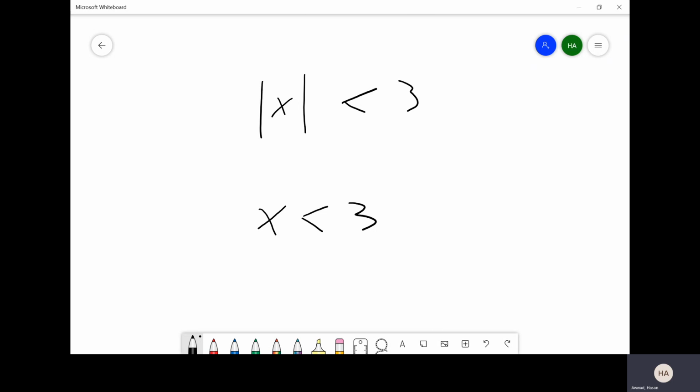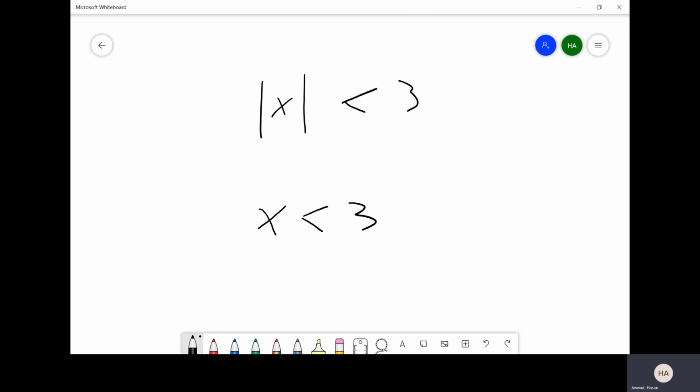But what is really going on here? This means that if you plugged in 4, for example, this wouldn't be true. If we plugged in 4 for x, we would get 4 is less than 3, and that's not true. The same thing if you plug in 4 inside the absolute value. The absolute value of 4 is still just 4, and that would still also not be true.